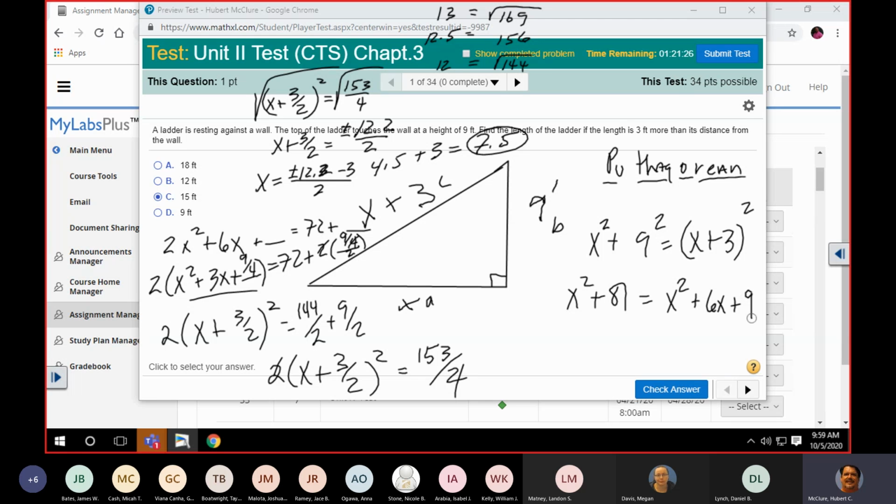There we go. And what happens to the x squareds? They cancel. So it comes out to be a whole lot easier. What's 81 minus 9? 72 is equal to 6x.